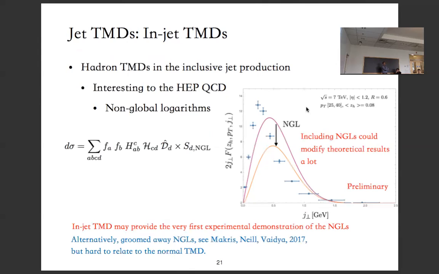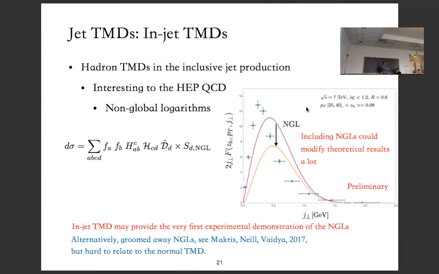No, for this one, no. The evolution is universal. Once you extract this, you can evolve to whatever scale you want. Just like you do with PDFs: you extract a PDF from one process, and you can evolve it to whatever scales you want.